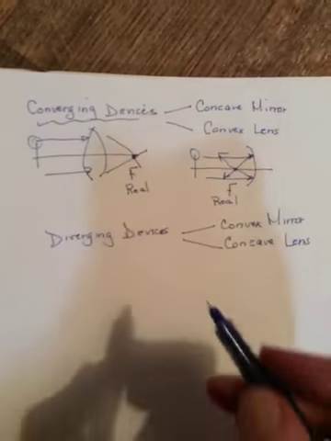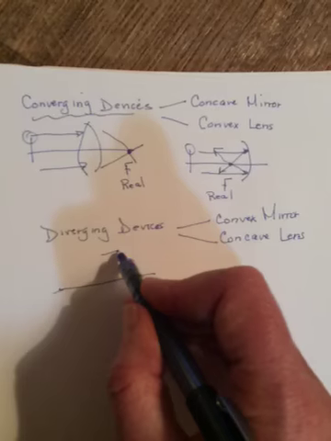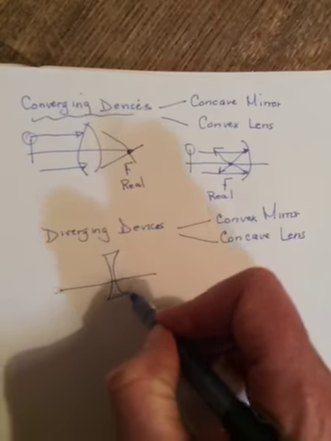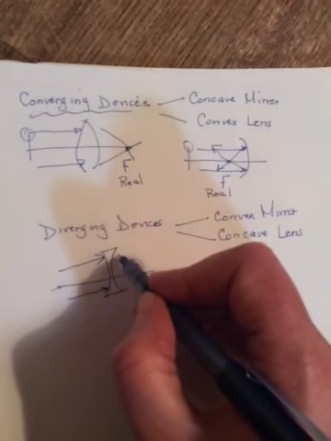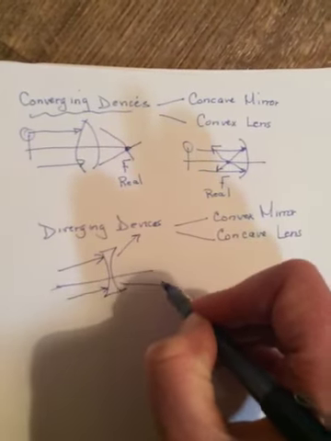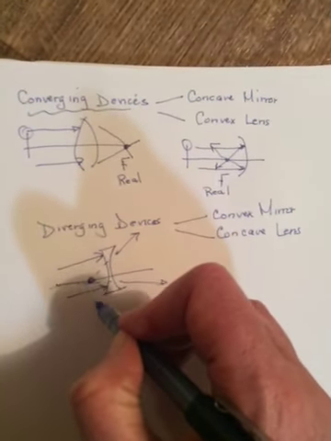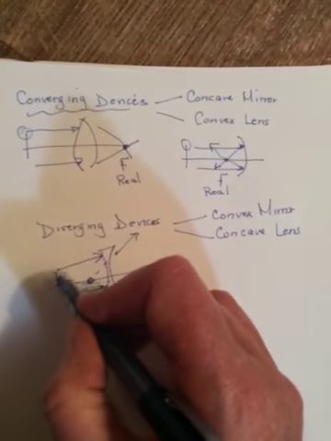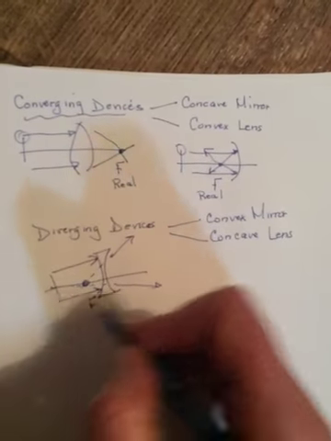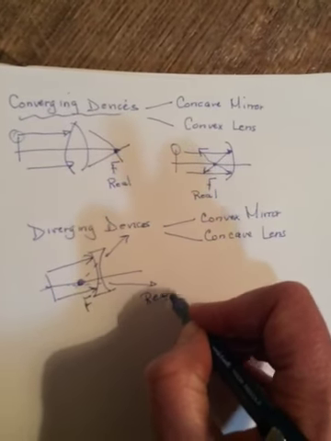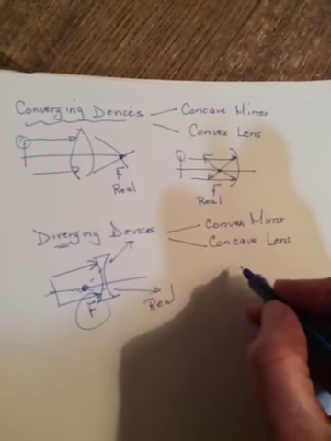They're called diverging because, since I did the lens first up there, rays going in parallel to the principal axis will get refracted in such a way that if you were to follow them back, they would look like they were coming from F on the same side of the lens as the object. Because remember, the opposite side is real. So because of that, the F is always negative for a diverging device.